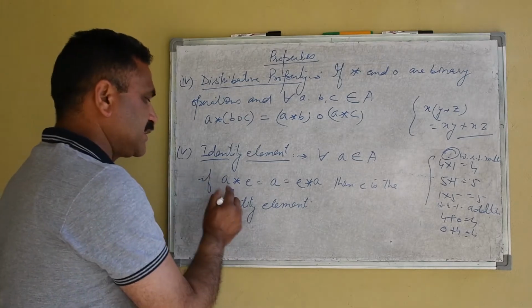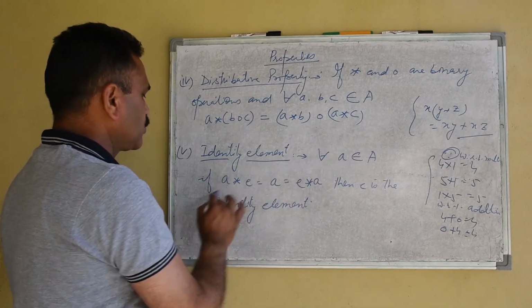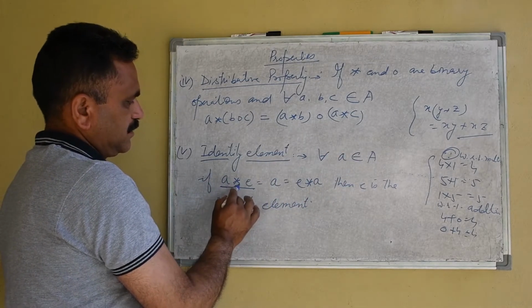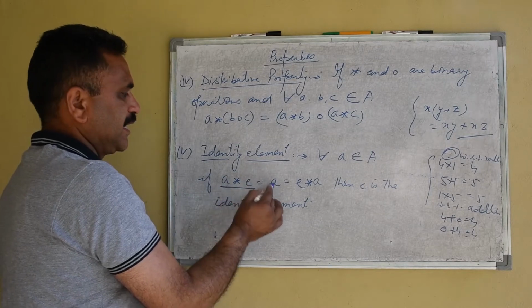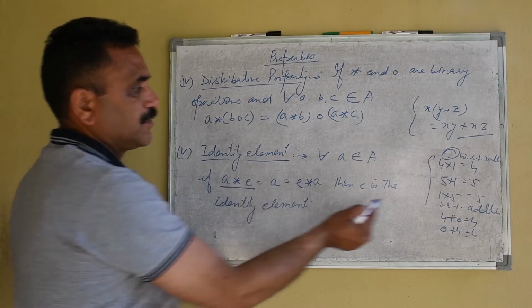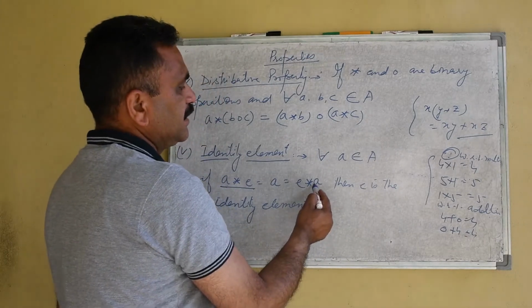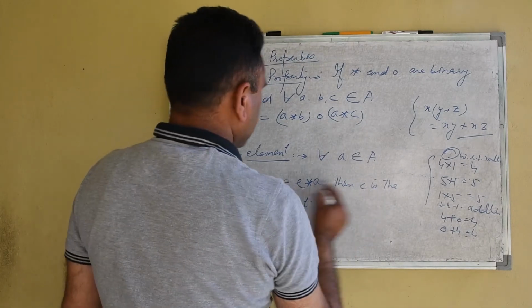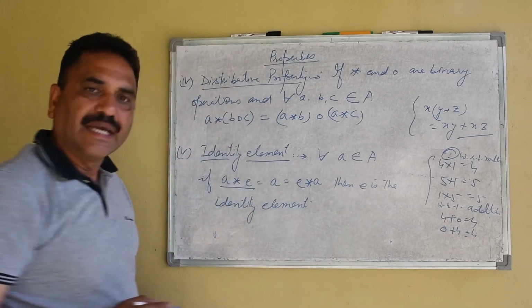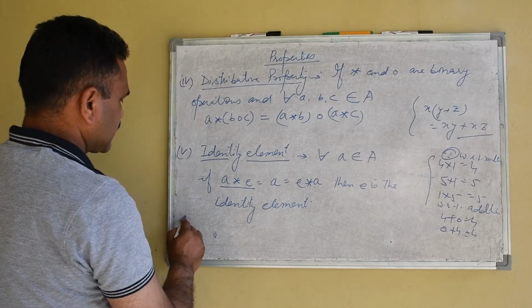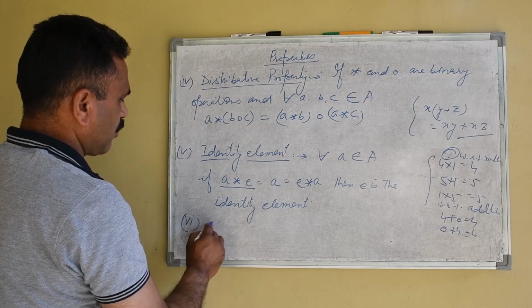So we can say that for all A belongs to A, if A operated with E gives the same element and E operated with A gives the same element, then E is the identity element.